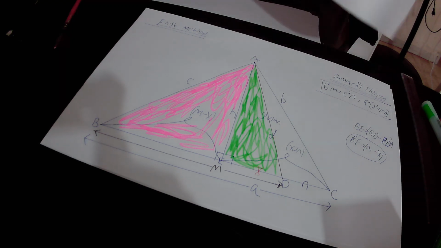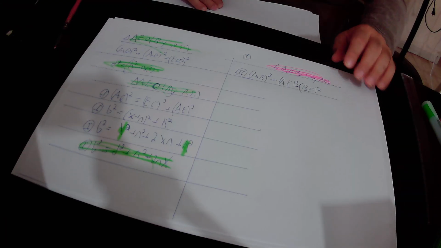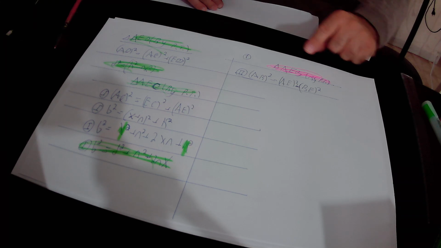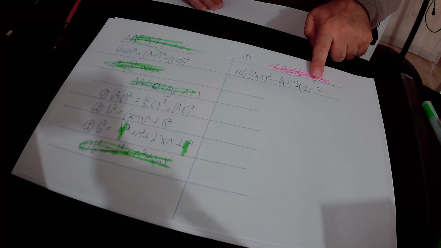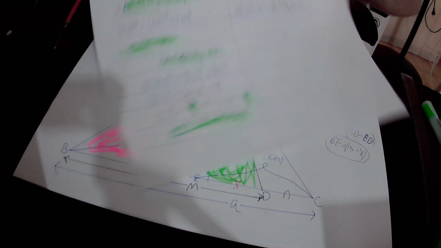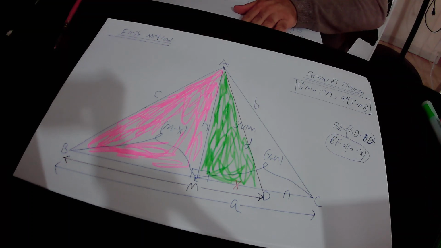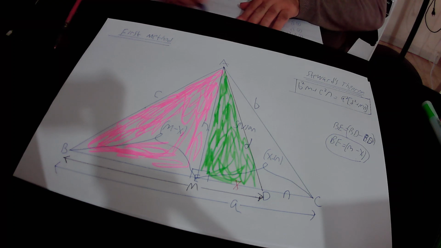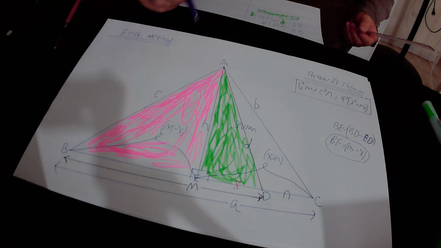Repeat again. In the right pink triangle AEB, according to the Pythagoras theorem, AB squared equals AE squared plus BE squared. So AB equals c in its length, therefore AB squared is c squared, and it equals AE squared.